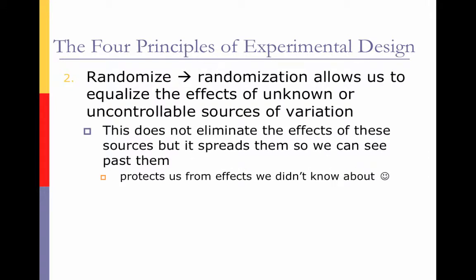This does not eliminate the effects of these sources, but it spreads them out so we can see past them. And it protects us from effects that we don't even know about. So again, it's kind of like controlling as much as we possibly can. By randomizing, we're able to see past other things that may have an effect on our response variable because it'll evenly distribute them.